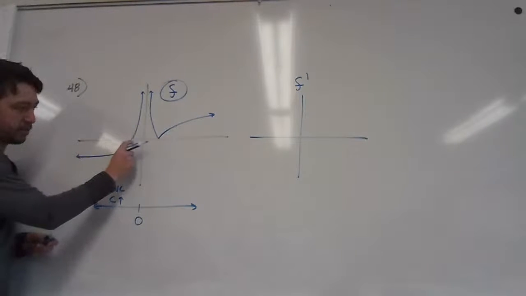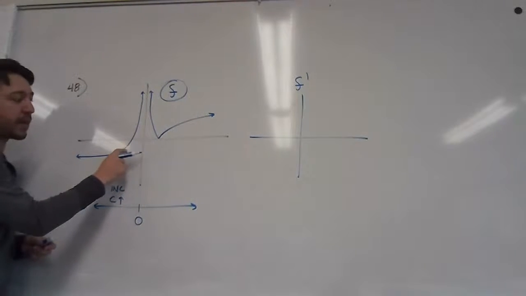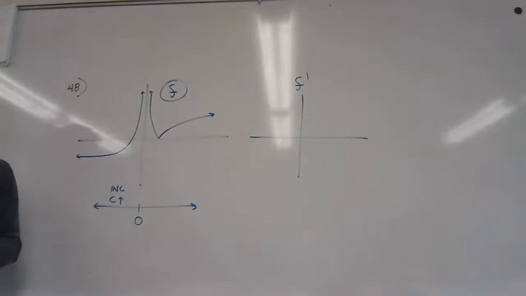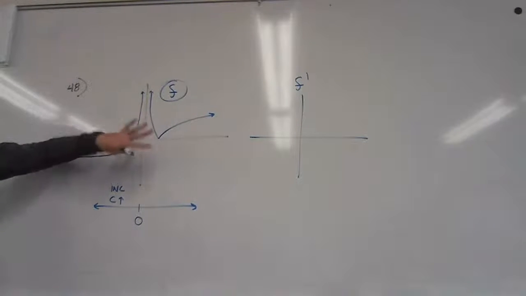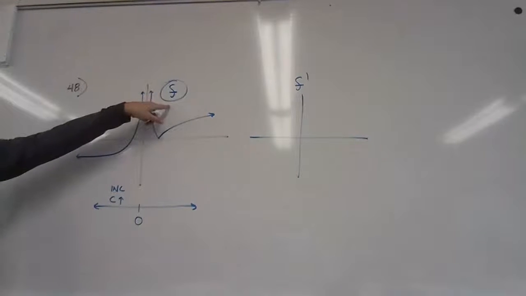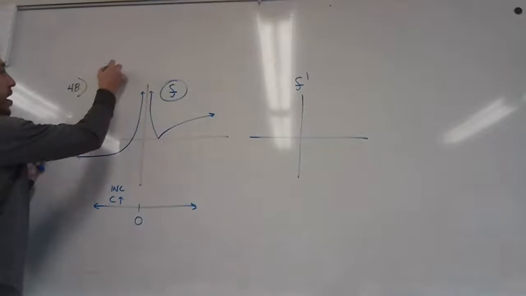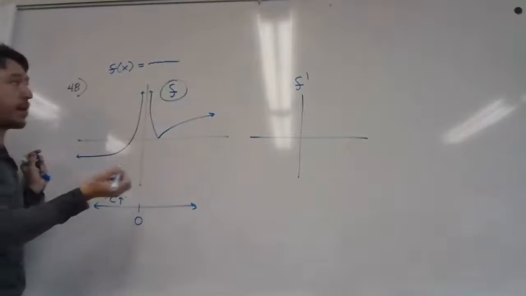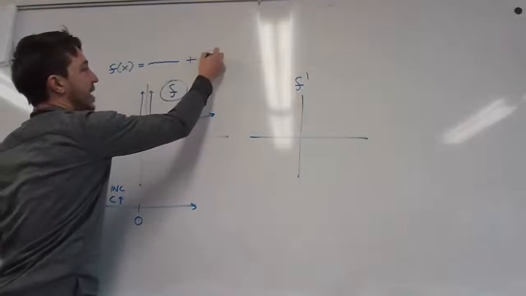Is this relevant, where f goes from negative to positive? Yes, no. Certainly it seems that might be the case, but consider this argument. What if I shifted the entire graph up? Imagine I had a formula for this: f of x equals a bunch of complicated stuff, plus, say, 8.